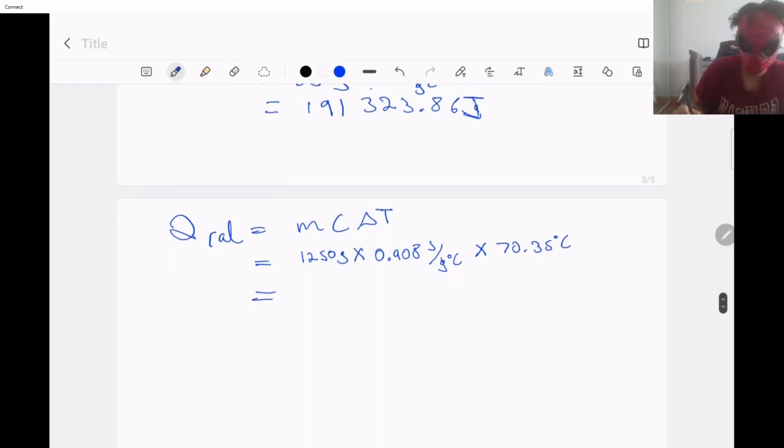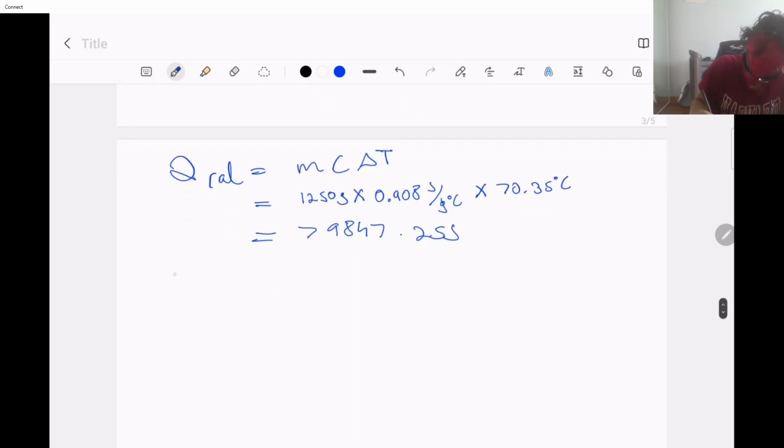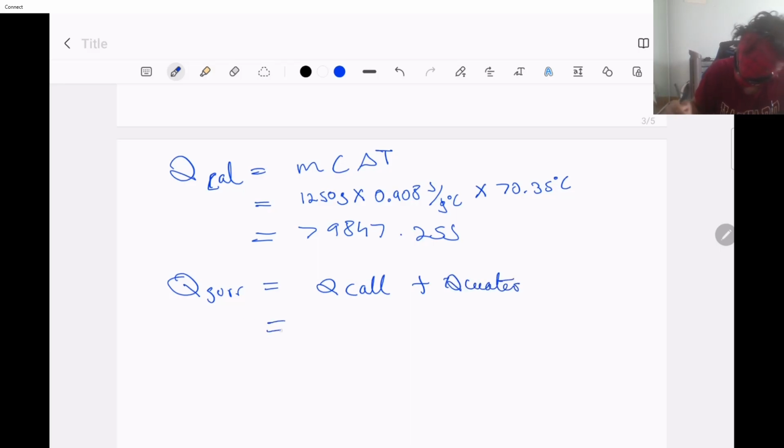This will give us 79,847.25 joules. So the Q surroundings equals the Q of the calorimeter plus the Q of the water.